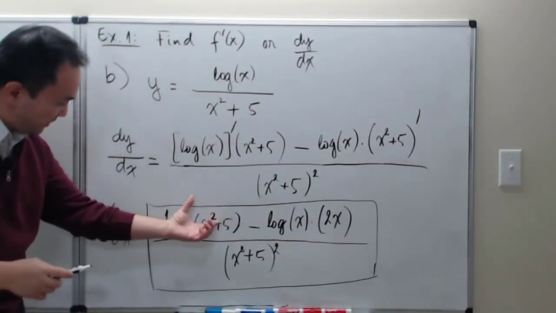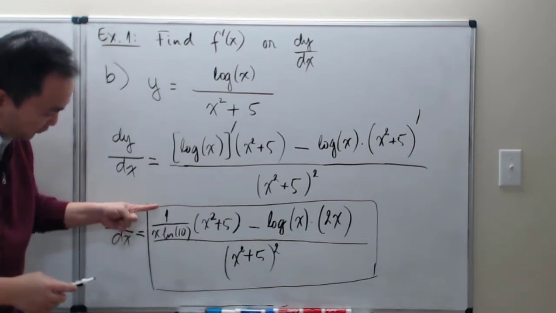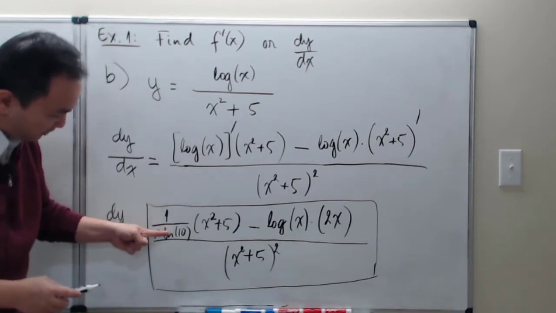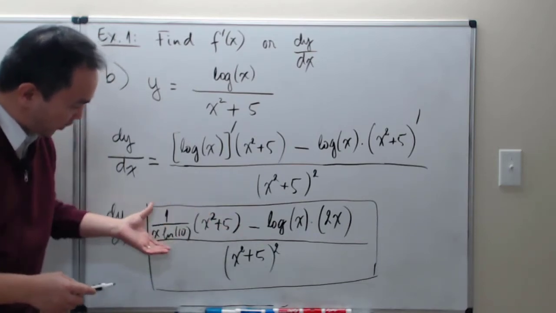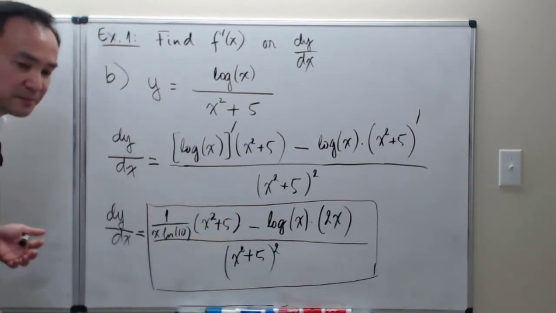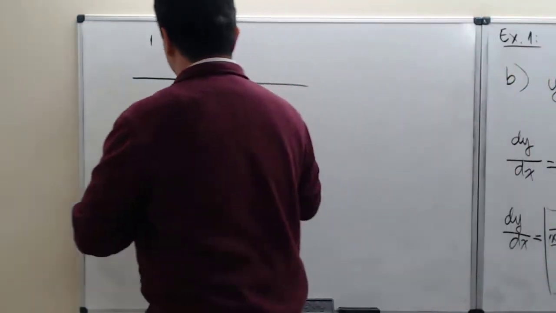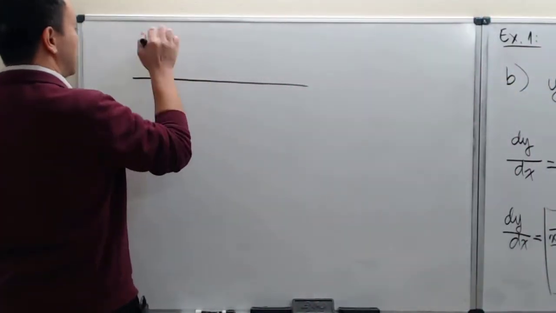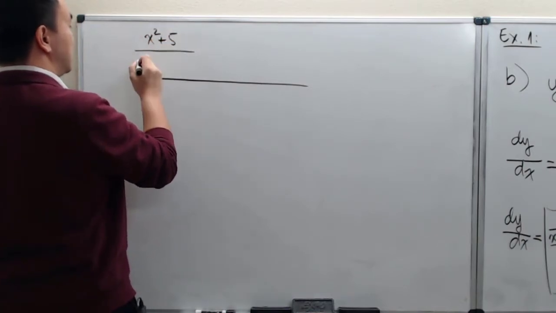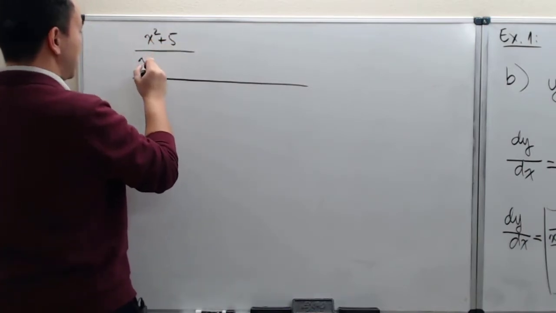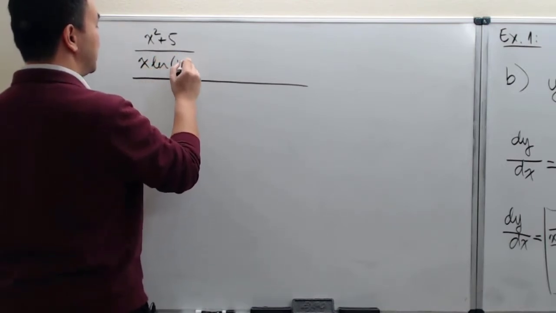So this term right here is actually all one term, the little fraction 1 over x times natural log of 10 multiplied with x squared plus 5. Now we can write it first of all in one fraction. So let's do that. Okay. So it's now better to write it as x squared plus 5 over x times the natural log of 10.